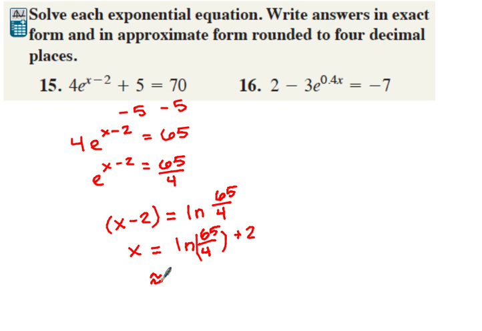Natural log is the ln button on the calculator. So we end up with 4.7881. Okay? Feeling okay with those? Yes, sir.